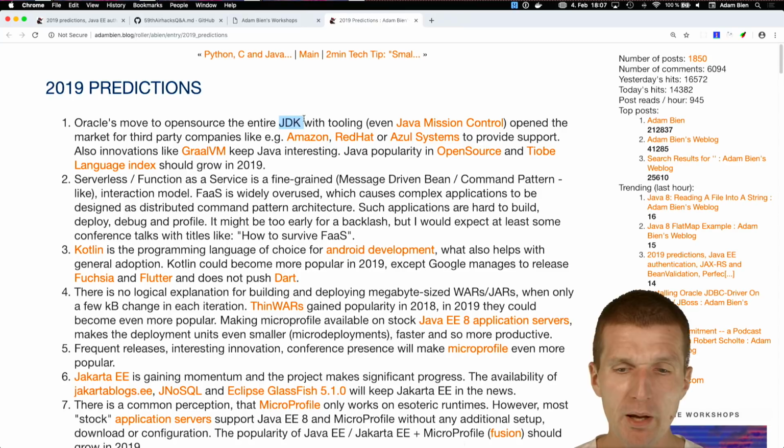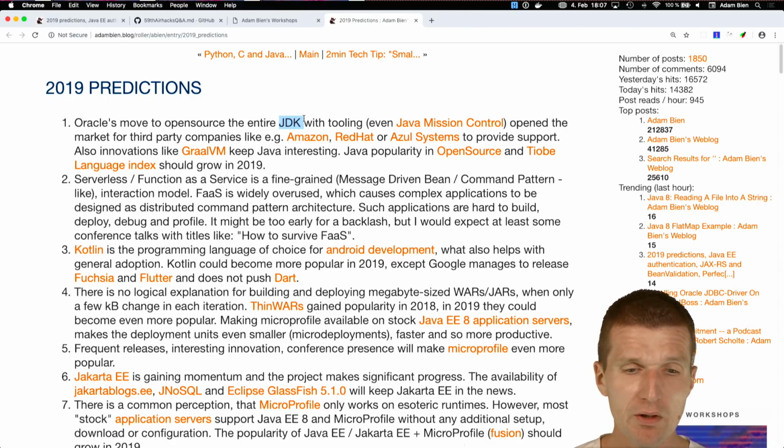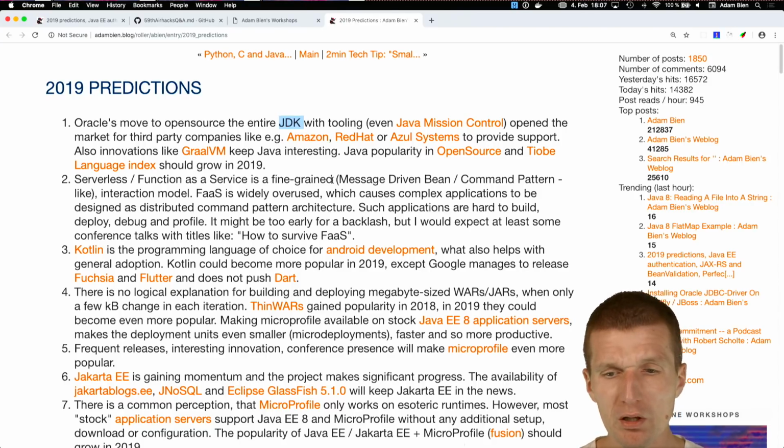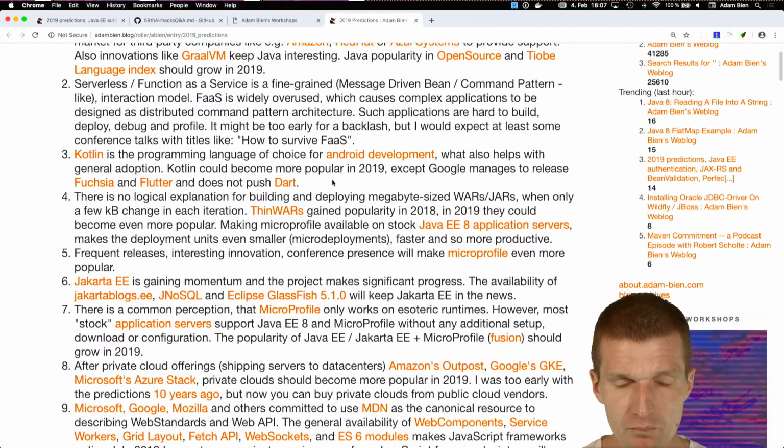You can buy support for Java from these companies. And Oracle open sourced Java Mission Control, so all the tooling is open source. I think this makes Java even more popular than it was before. I already wrote about the open source index and the TIOBE index, and both already looked good, but I think next year could look even better.